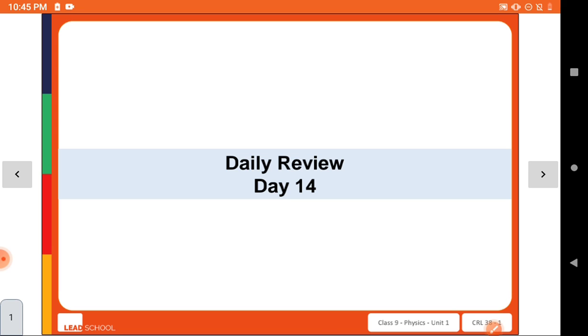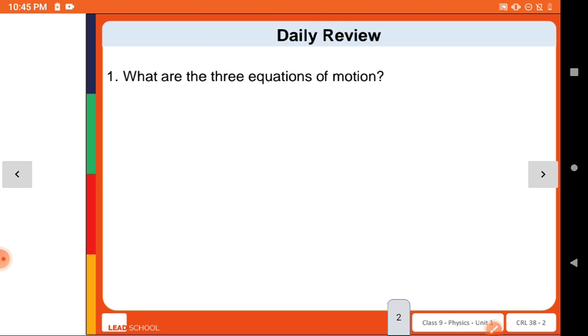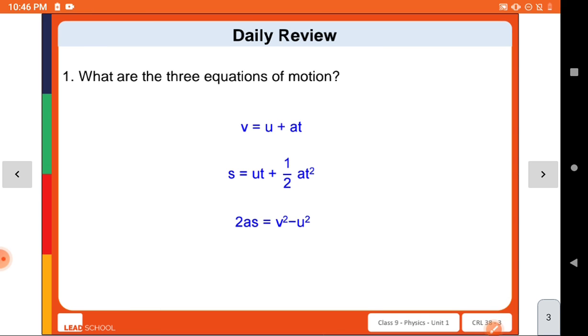So first of all, for review for day 14th, what are the three equations of motion? Our first equation is final velocity.